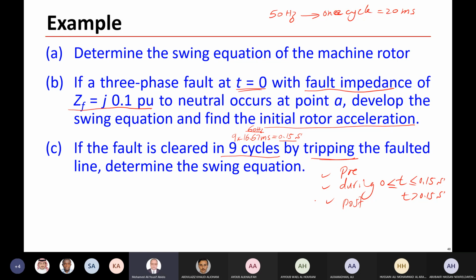So we have 3 swing equations, and we need to solve them numerically and simultaneously. For example, if we would like to solve these equations up to t equal to 2 seconds using the Euler method or trapezoidal method or whatever, you can take the time step delta t equal to, for example, 0.01 second.